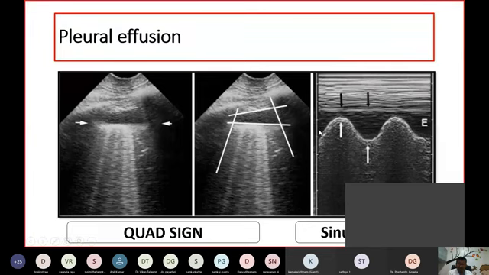Your lung is going to move towards the parietal pleura during inspiration, and away from the parietal pleura during expiration. This is called a sinusoid sign. It indicates there is a free pleural effusion. So on B mode, you're going to see the quad sign in pleural effusion. On M mode, you're going to see the sinusoid sign.